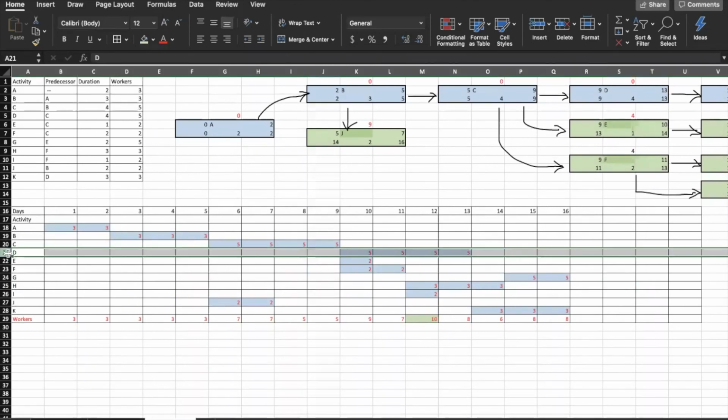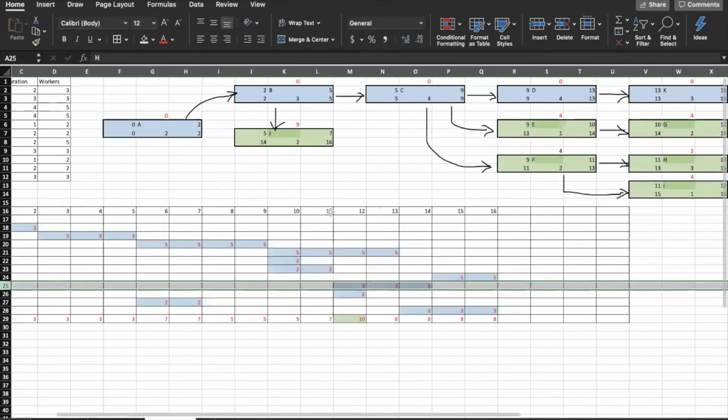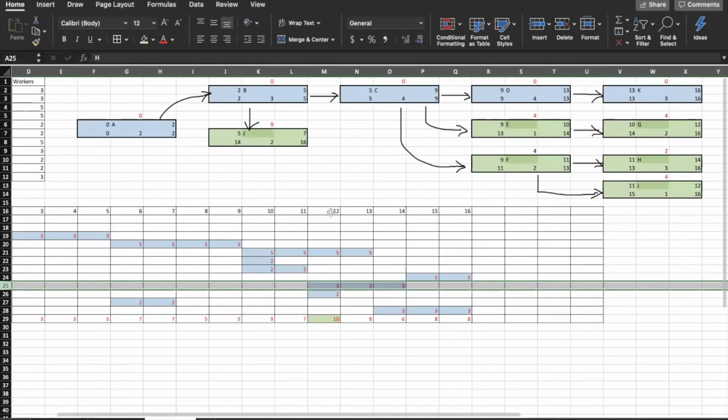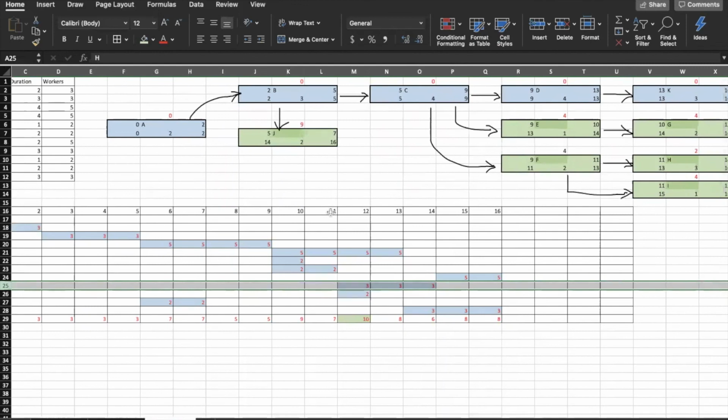So we have D, which is essential. We have I, which is not essential, that we can move to a later date. So we can move I anywhere up until day 16.